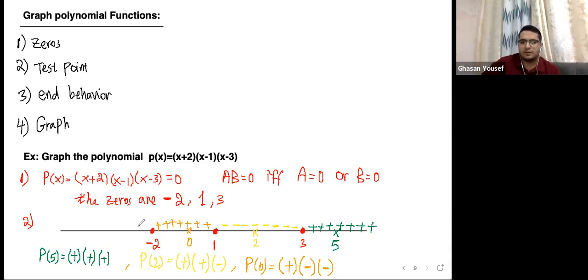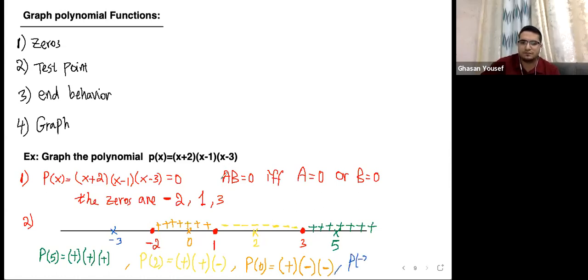Now for the last one, pick any number less than -2. Which one would you like to choose? -3, nice. So let's take the -3. Plug the -3 inside the polynomial.